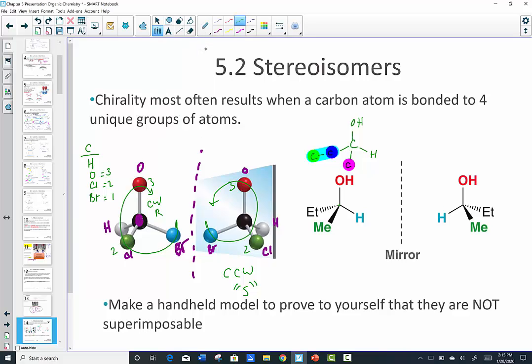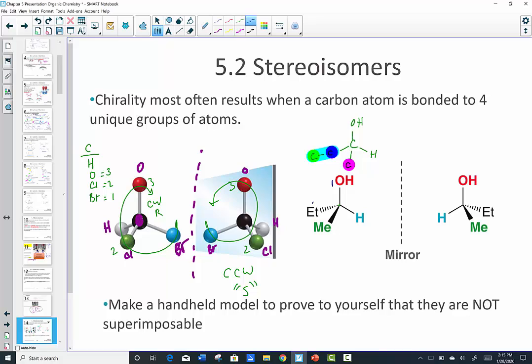Look at the entire group attached to the chiral carbon. To find if it's the same or different, keep going to the next atom until you find a point of difference or not. The order of priority, we would have the oxygen with the highest atomic number, priority 1.